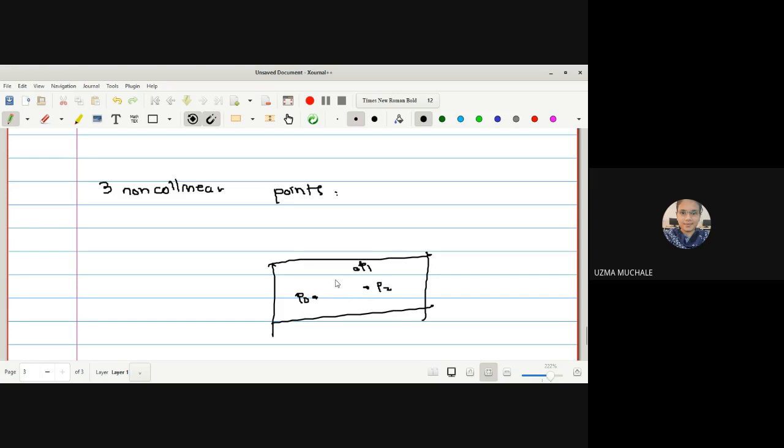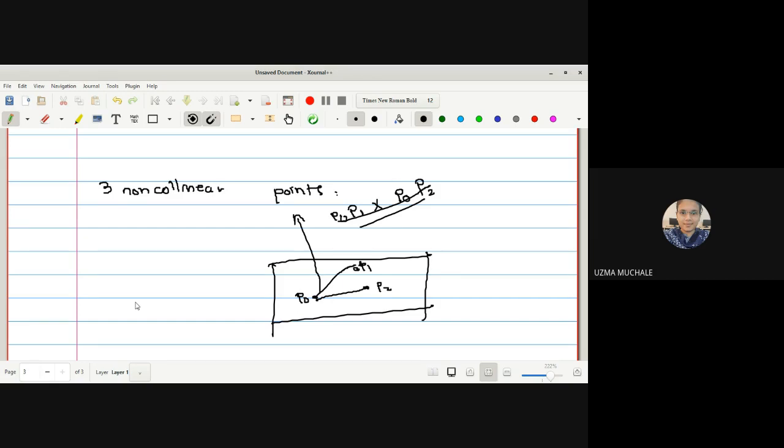I will just join P0, P1 and P0, P2, and then with the help of a cross product, P0P1 cross P0P2, we can find the normal to the plane, and hence we can again find the equation of a plane determined by three non-collinear points.